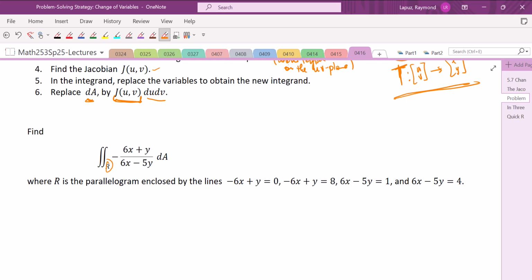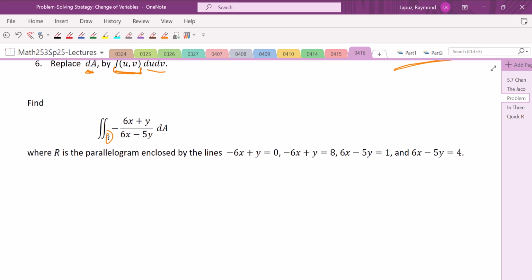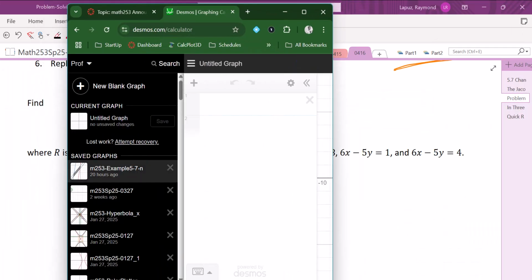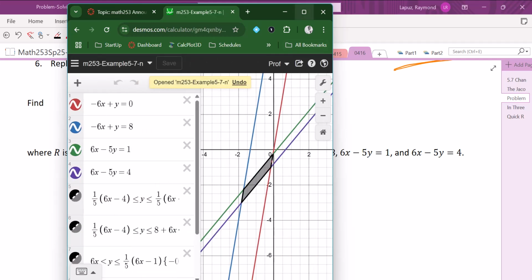I actually drew this, except I don't have a link. So just to save some time, I'm going to go into my Desmos and see if I can find this. I think this is the most recent one I just did. All right.